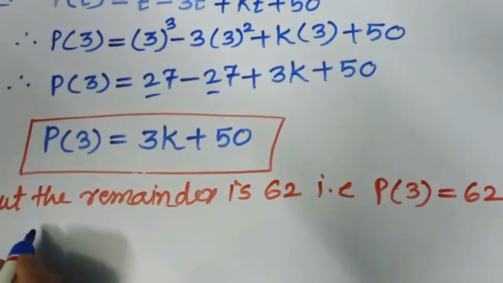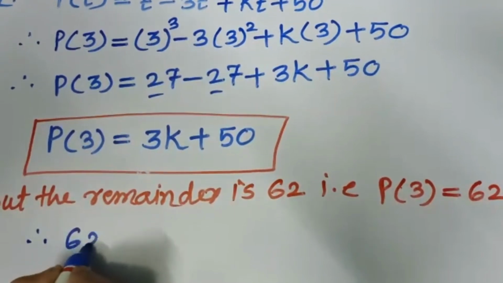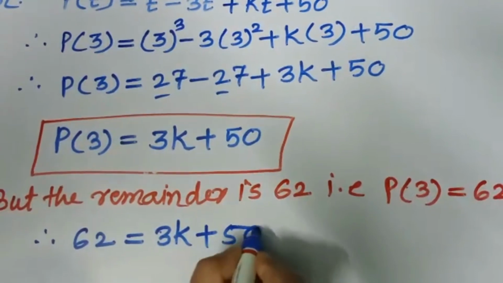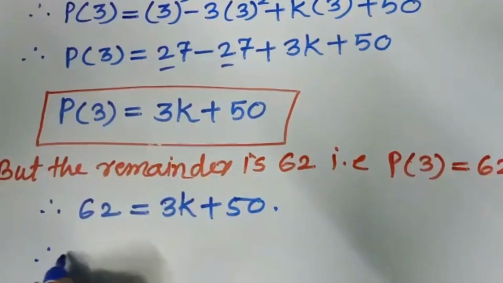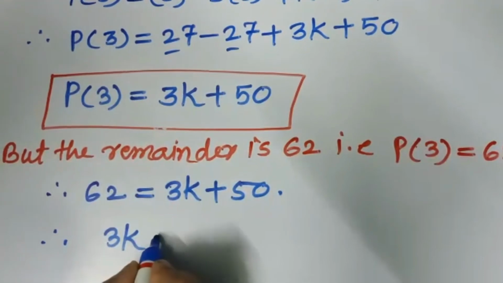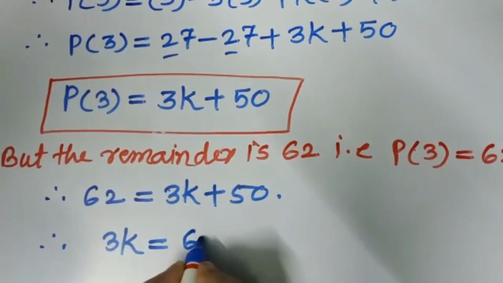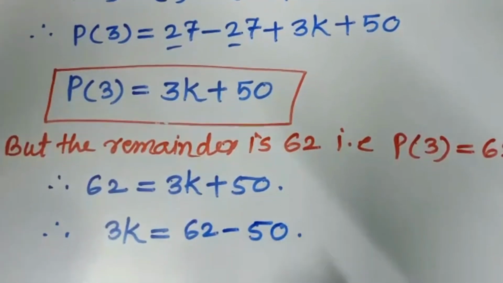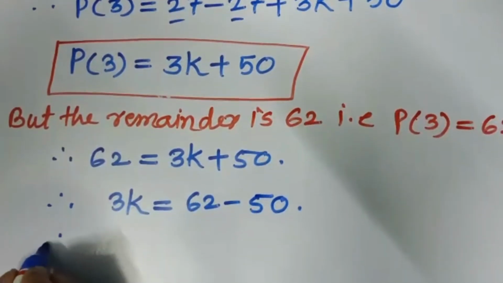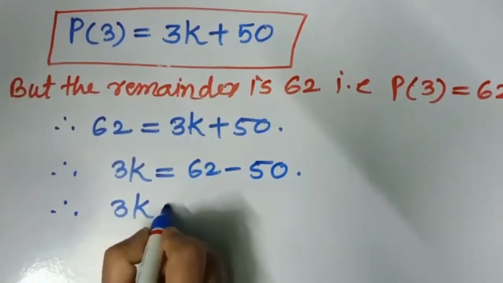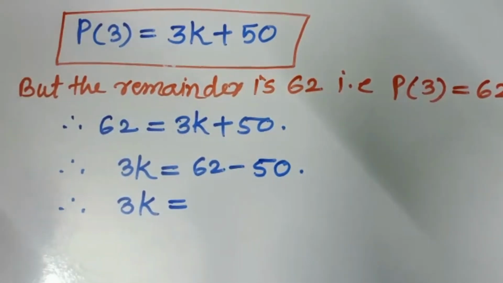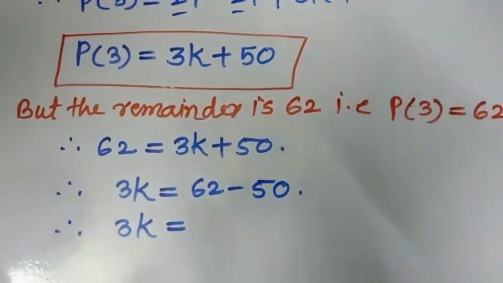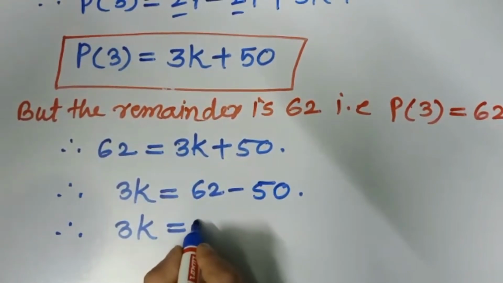So write here 62. Say therefore 62 is equal to 3k plus 50. Now we will rearrange it. Say therefore 3k is equal to 62 minus 50. Right, therefore 3k is equal to, what is the difference of this both? 62 minus 50 is 12.